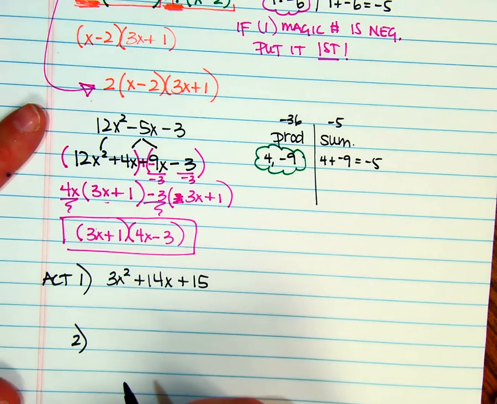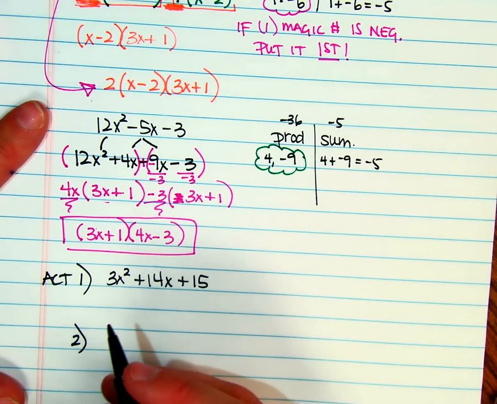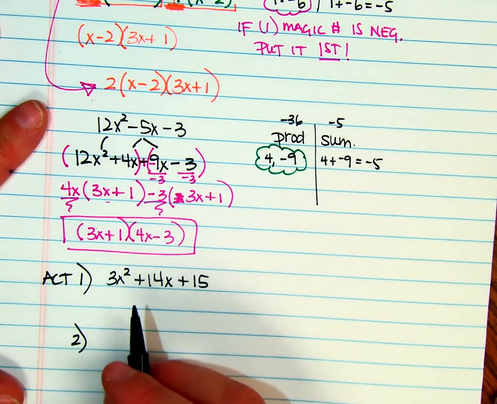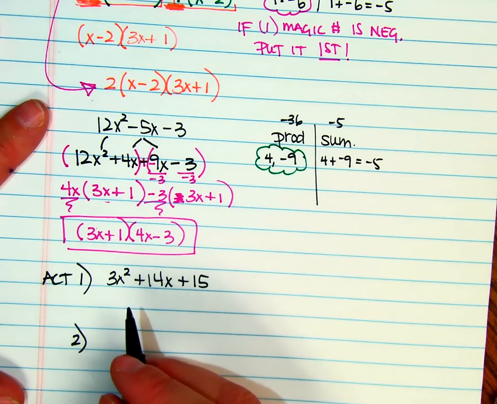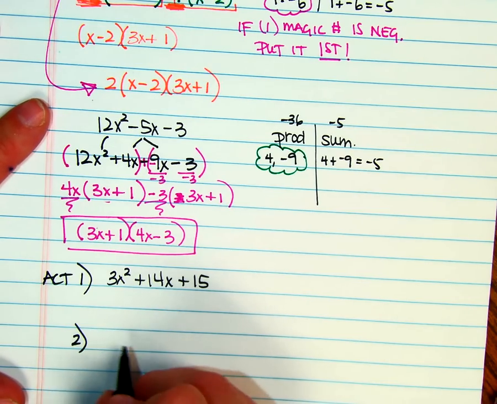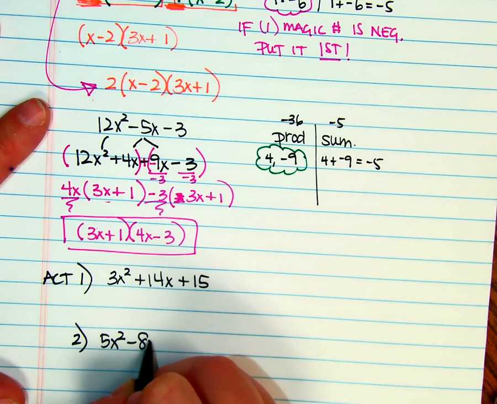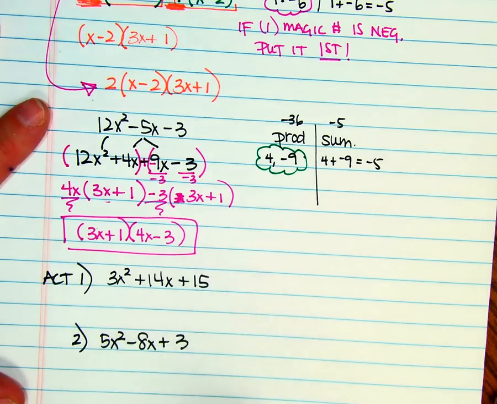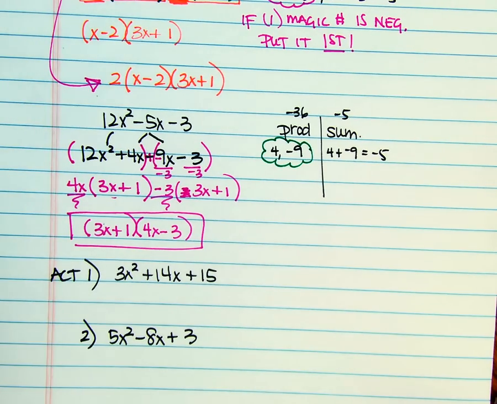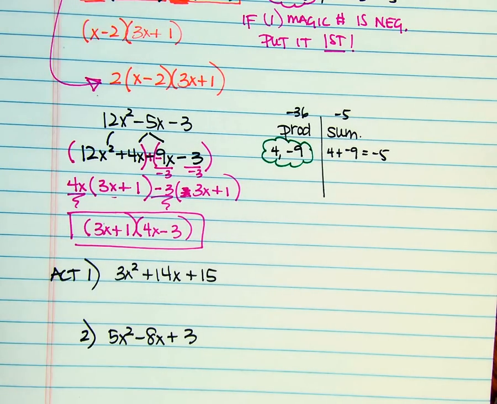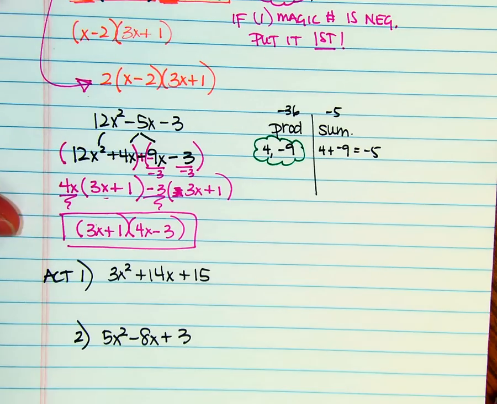And the second one I'd like you to try is 5x squared minus 8x plus 3. So come to class with those two attempted. Again, I just want you to try them so I can see what you are getting from the video.